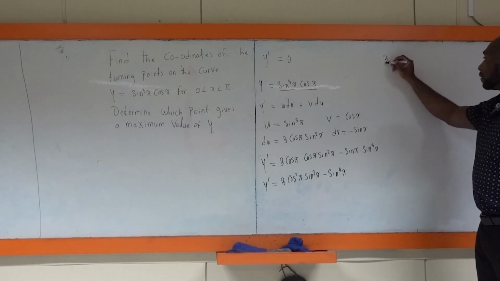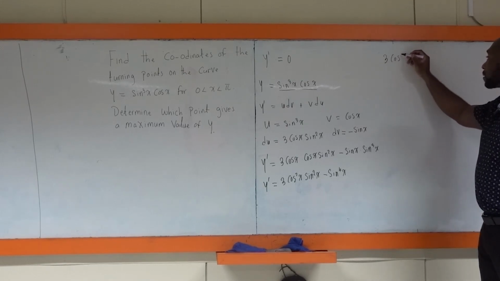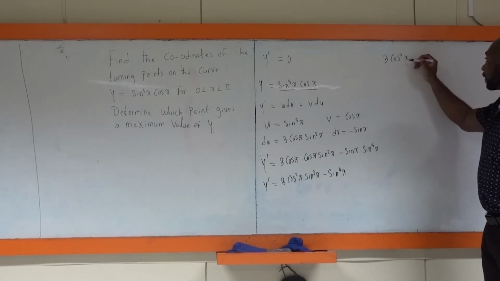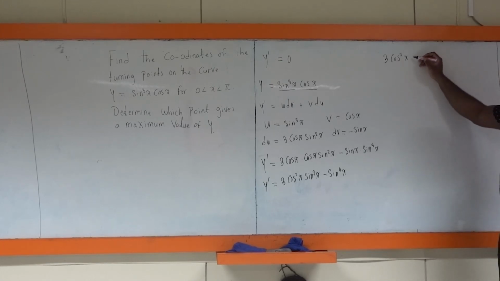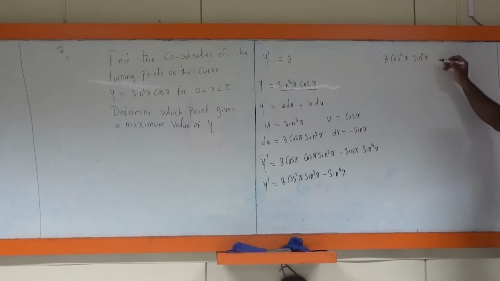So we have 3 cos squared of x multiplied by sine squared of x minus sine to the 4th power of x is equal to 0.